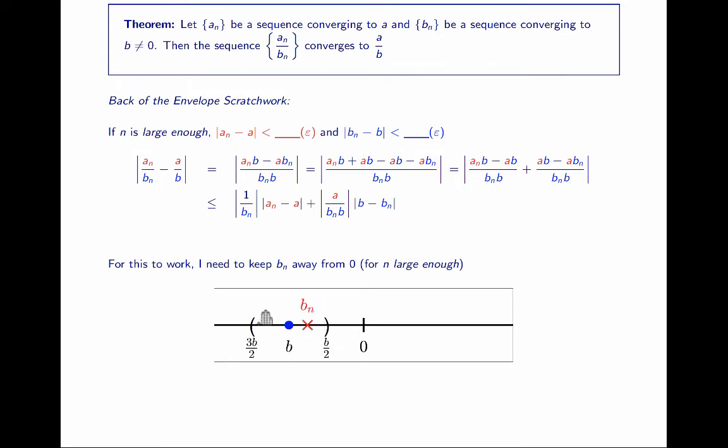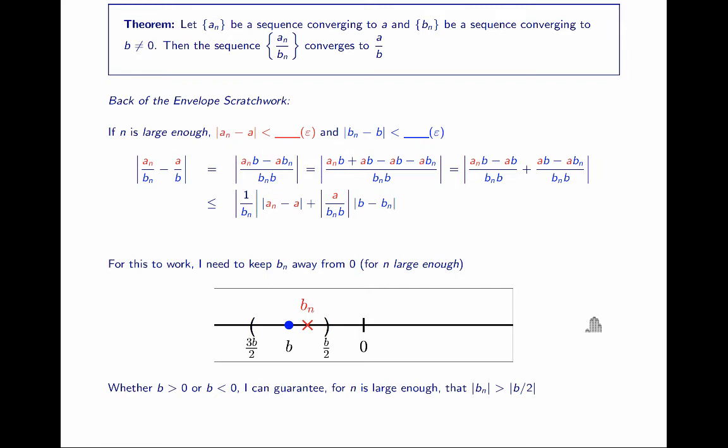So if n is large enough, I'll fall within this limit. In other words, the absolute value of b minus bn is less than this distance, which is the absolute value of b divided by 2, whether b is positive or negative. So in both cases, I can guarantee that for n large enough, the absolute value of bn, in other words the distance of this to 0, is greater than the distance of this to 0. So we can see that from our sketch.